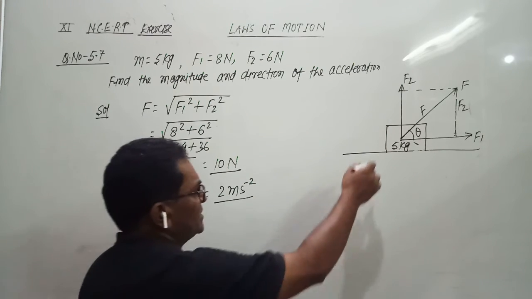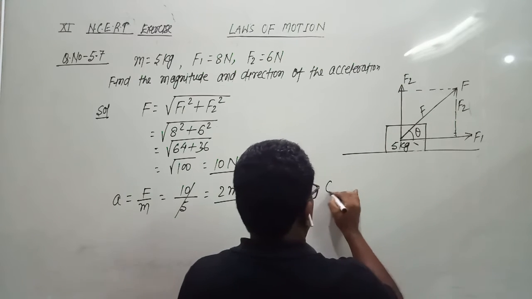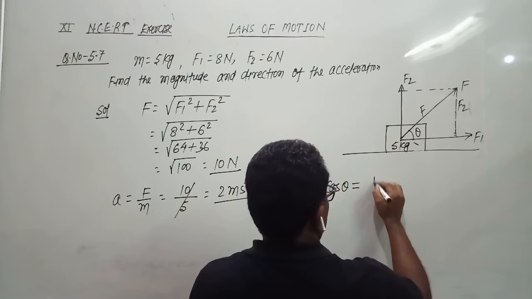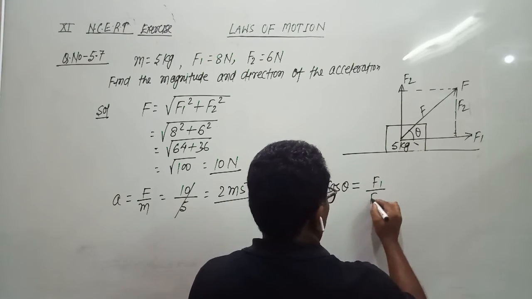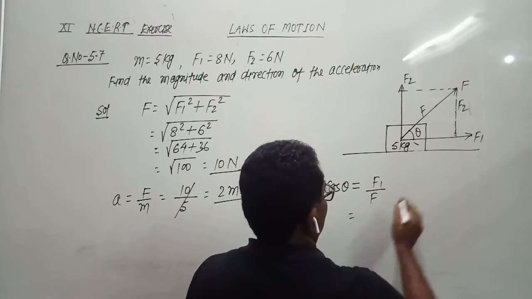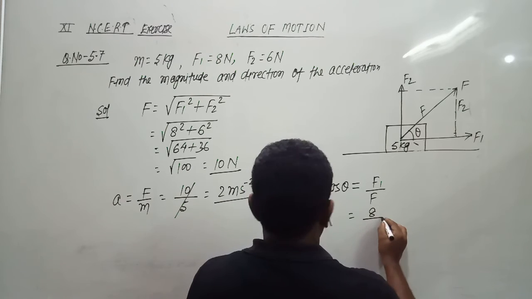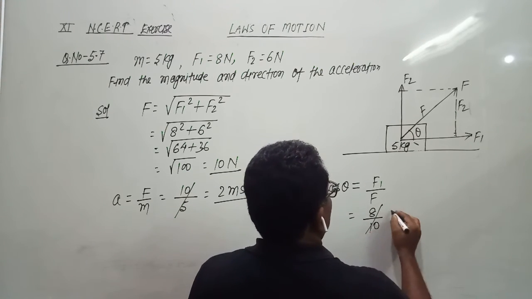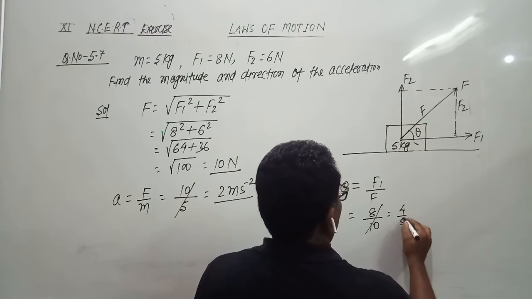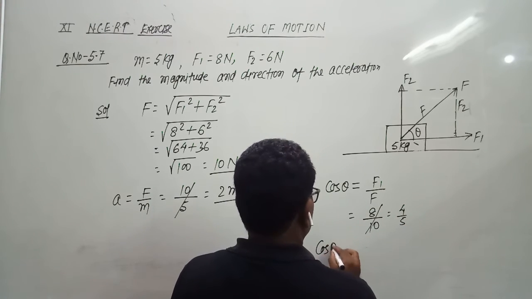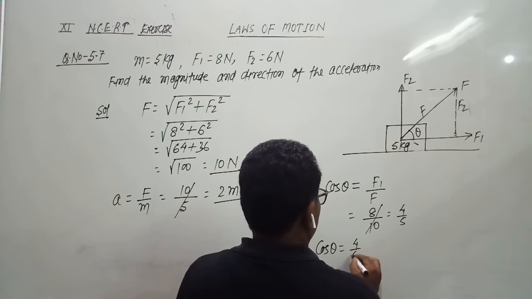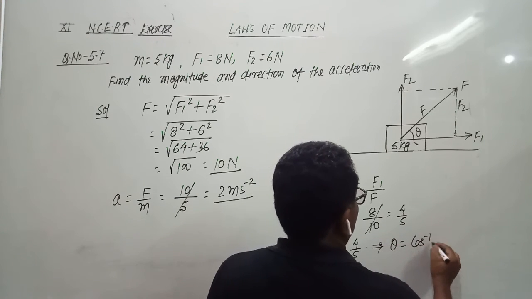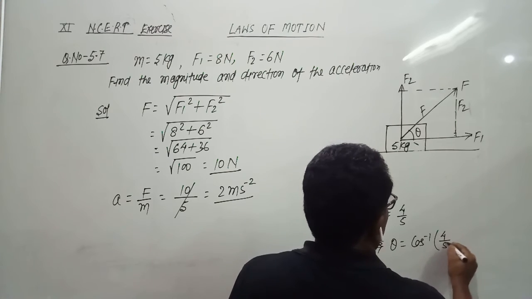So in this triangle, cos theta equals base upon hypotenuse, F1 by F. The value of F1 is 8 and the value of F we have calculated is 10. So this is 4 by 5. The value of cos theta equals 4 by 5, and theta equals cos inverse 4 by 5.